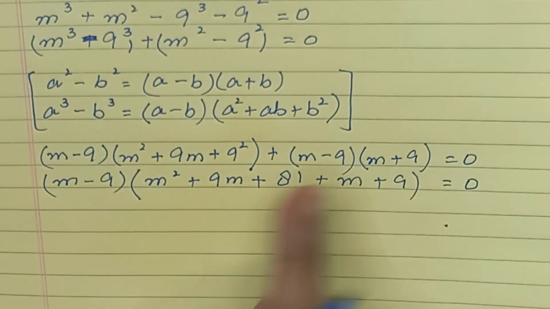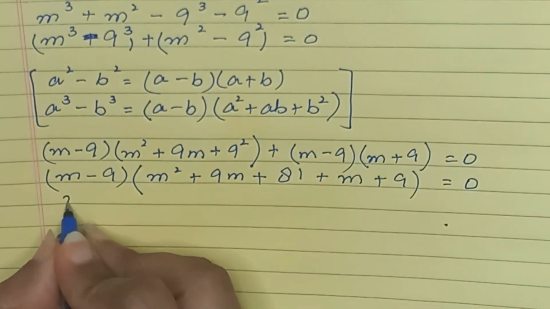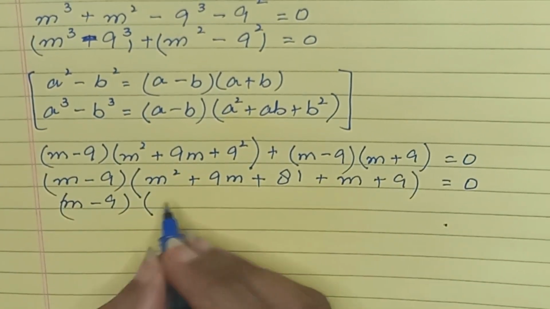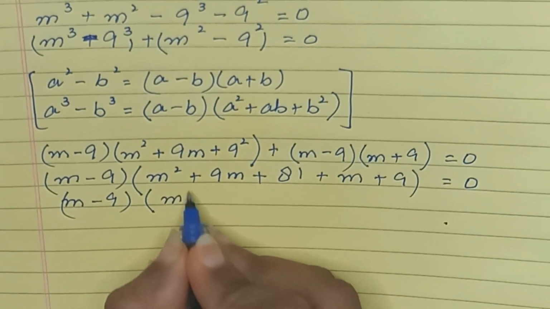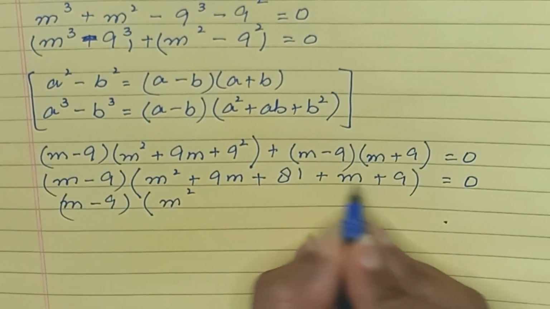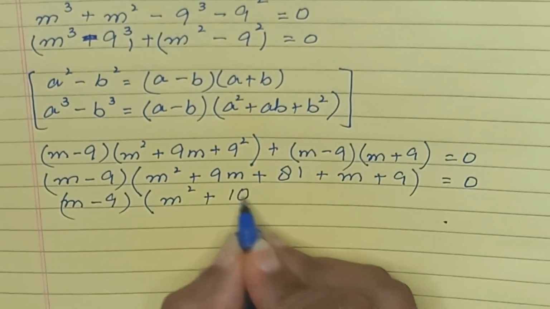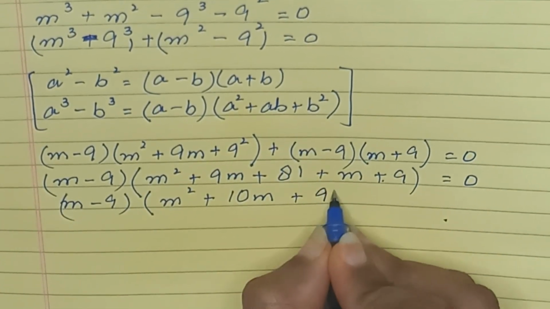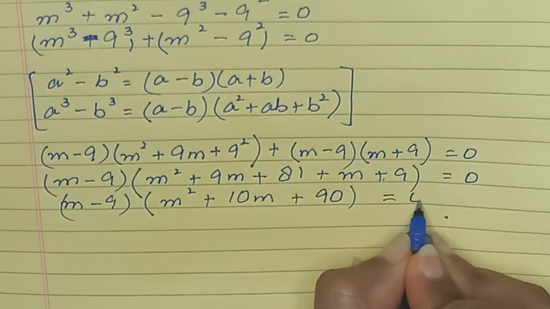Now we will add like terms. So m minus 9 times m square, this 9m and this m will become 10m, and this 81 and 9 will become 90, which is equal to 0.